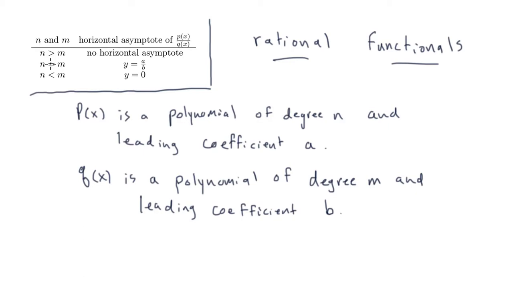So if we look at n versus m, so the degree of the numerator versus the degree of the denominator, if the degree of the numerator is greater, there's no horizontal asymptote. Or in other words, the end behavior of the function is going off to plus or minus infinity. If the degrees are equal, we have a horizontal asymptote at y equals a over b. And then finally, if the degree of the denominator is greater, then we have a horizontal asymptote at y equals 0.